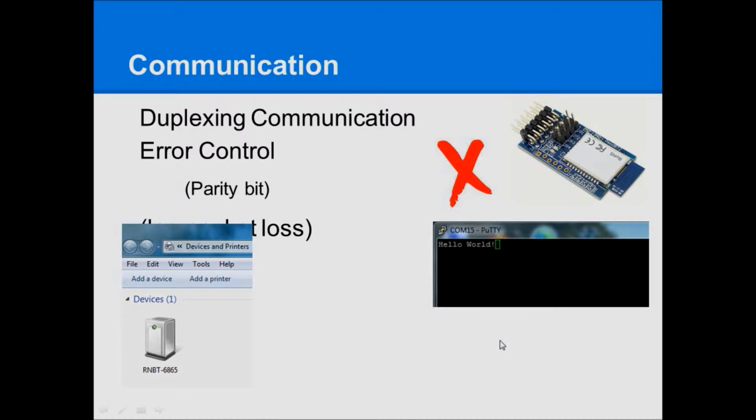To address this problem, we use an error control mechanism, but this Bluetooth chip doesn't support parity bits, so I just use an echo scheme, which means when you send a byte, it will resend what you just sent. So if the one you sent and the one received match each other, you need to.